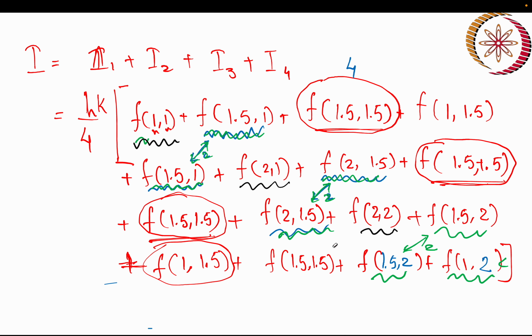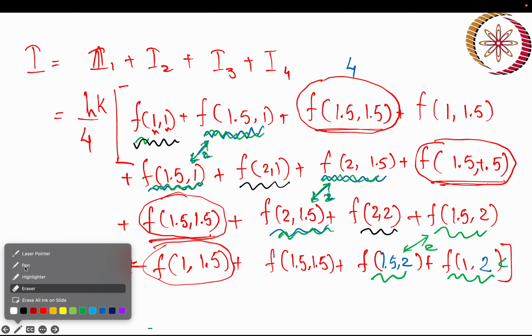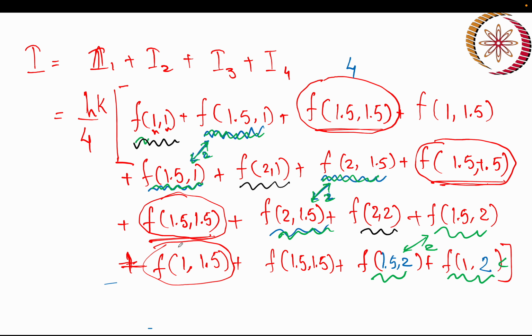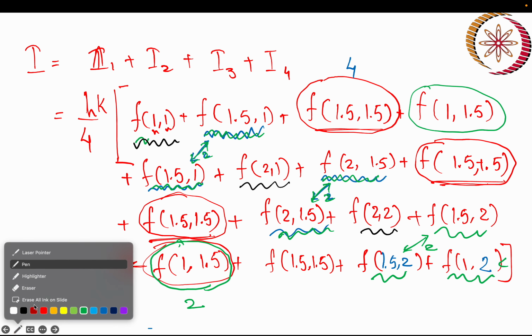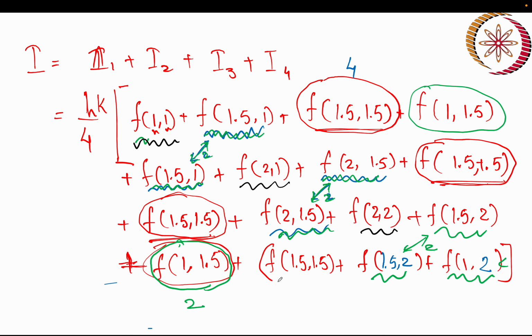Okay, so this is the correct one. So this one is appearing here, and that is twice, and I marked before this, so this and this, it has come 4 times.